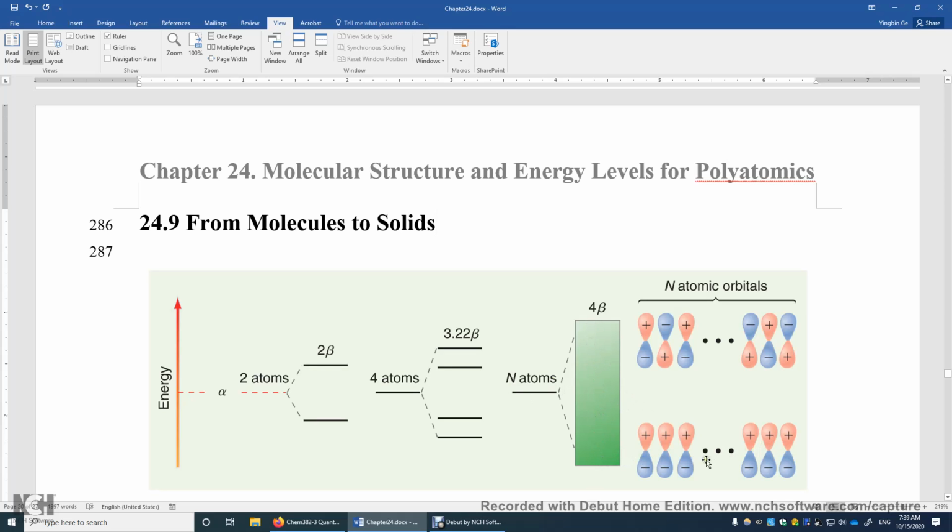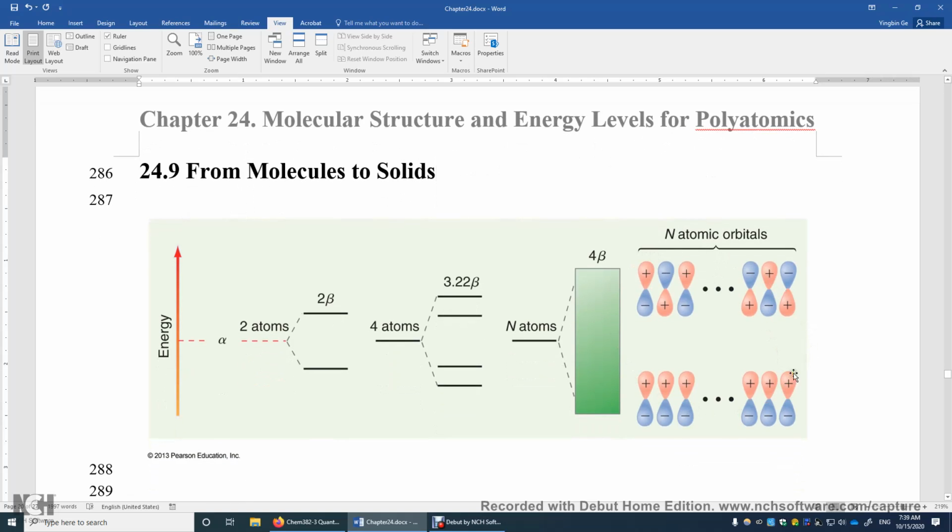The lowest MO has 0 nodal surfaces. The highest energy MO has N-1 nodal surfaces. So from bottom to top, you have an increasing number of nodal surfaces.